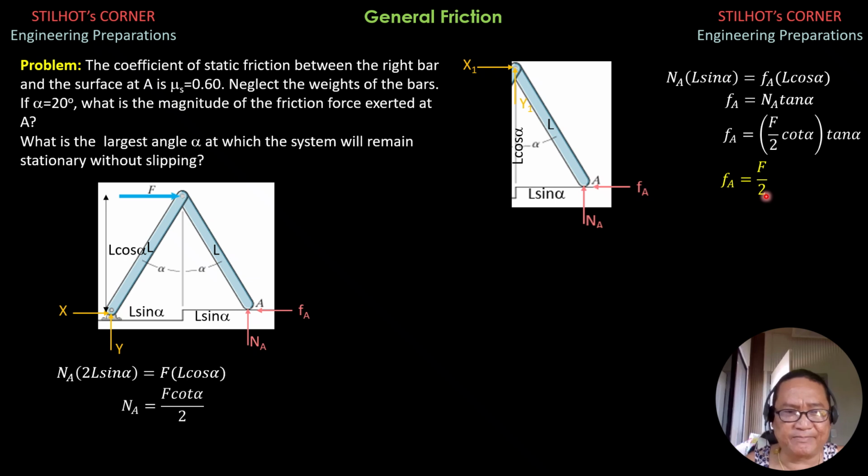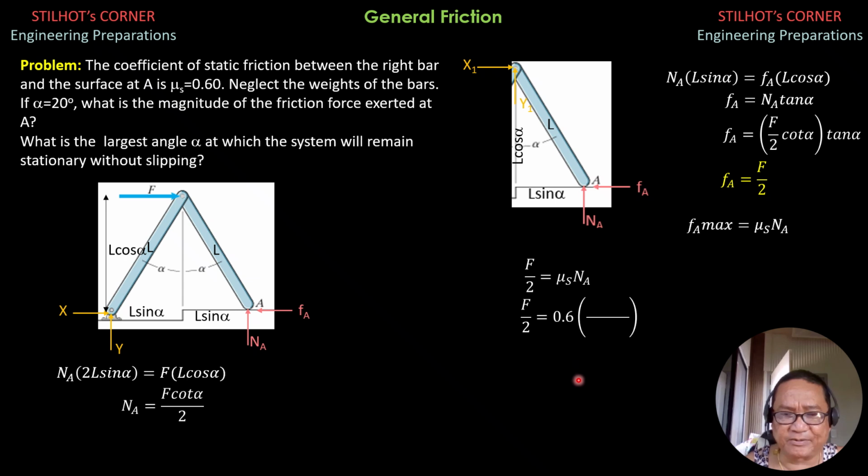So we equate Fa max, which is equal to Fa, F over 2, to mu sub s times NA, so that we can determine the largest value of alpha for which impending slipping would occur at A. So substituting, this is F over 2, mu sub s is 0.6, and NA is equal to F cotangent alpha over 2. So F over 2 equals mu sub s times NA.